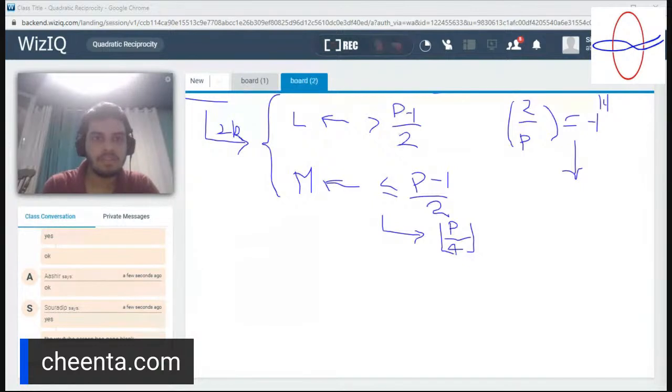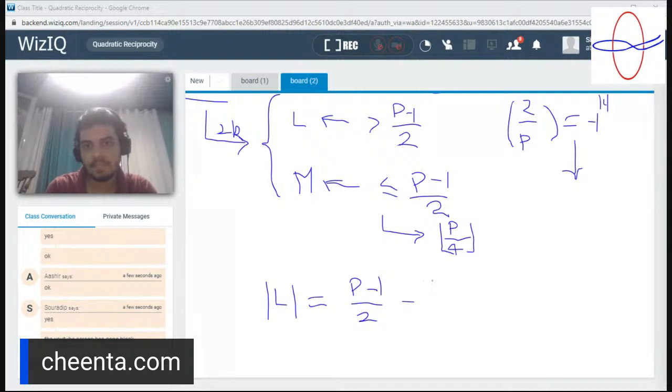So given this, the size of the set L would be equal to (p minus 1) over 2 minus p by 4.